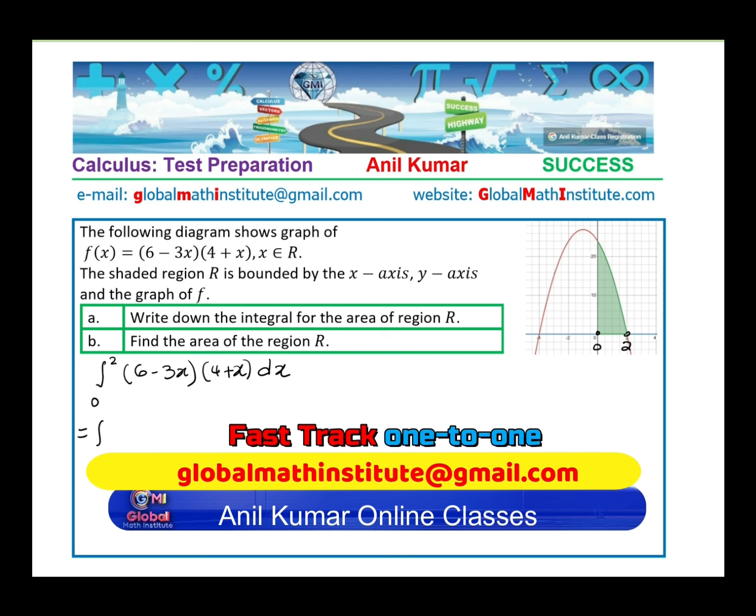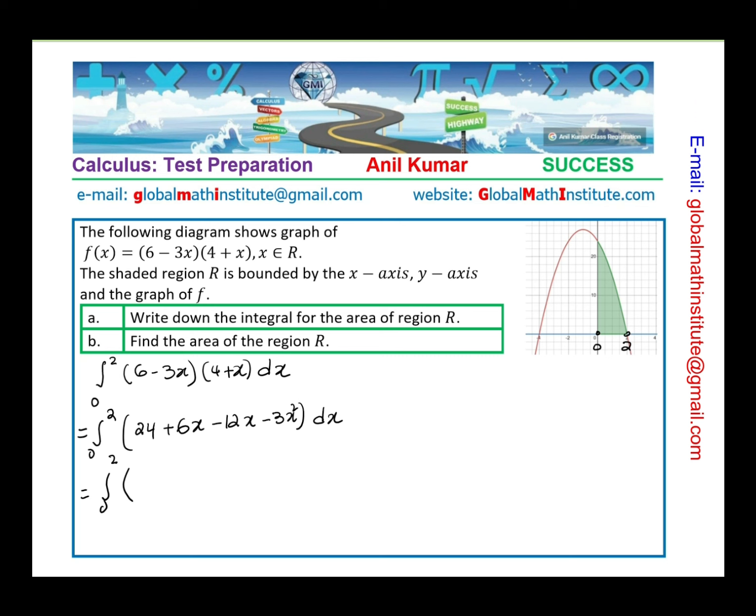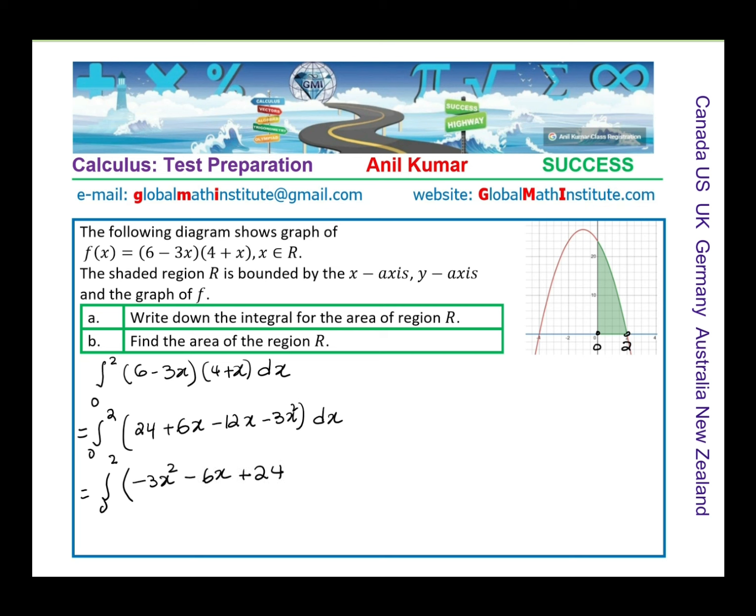So let's expand from 0 to 2. We get 6 times 4 is 24, 6 times x, let's write 6x first, then minus 12x and minus 3x squared. Let's simplify this. We can write minus 3x squared and minus 6x plus 24.